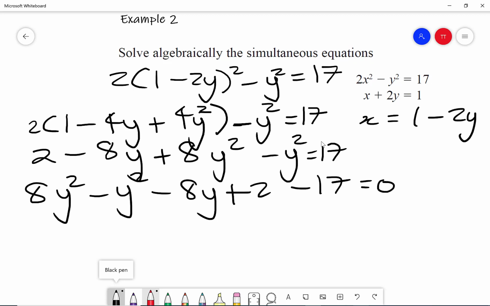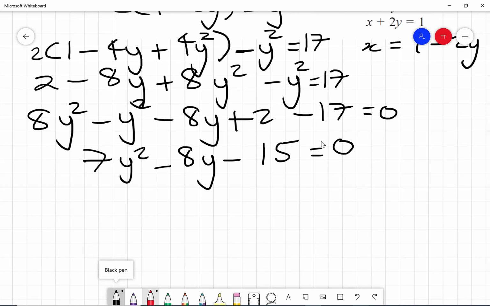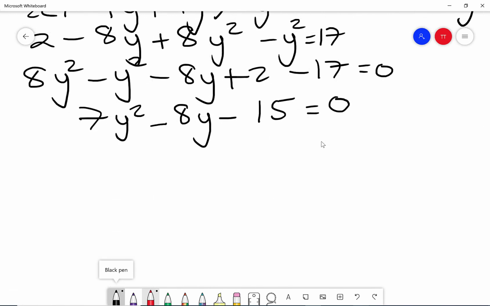So that will give me 7y squared minus 8y, and then 2 minus 17 is minus 15, equals 0. So we've got 7y squared minus 8y minus 15.